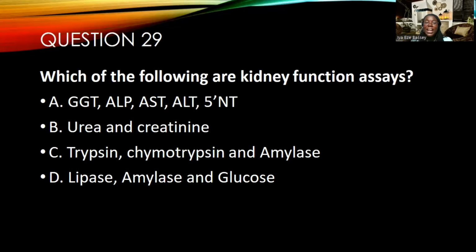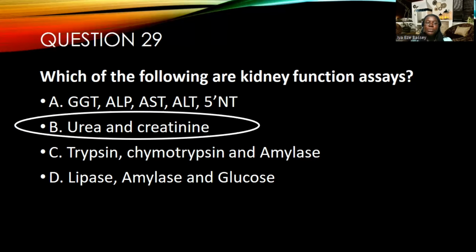I'm sure you are used to alkaline phosphatase, aspartate aminotransferase, and alanine aminotransferase, but also gamma glutamyltransferase, that is GGT, as well as 5' nucleotidase. Oh my God, it's the kidney. Urea, please. GGT, alkaline phosphatase, and co are liver function assays, while urea and creatinine are kidney function assays.